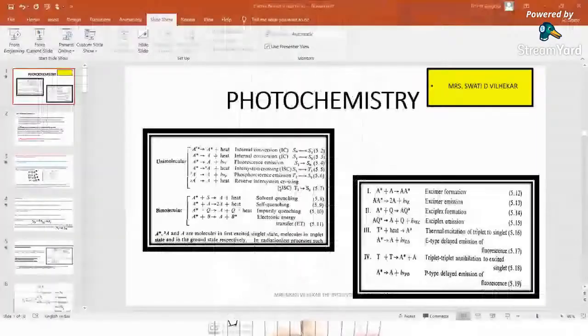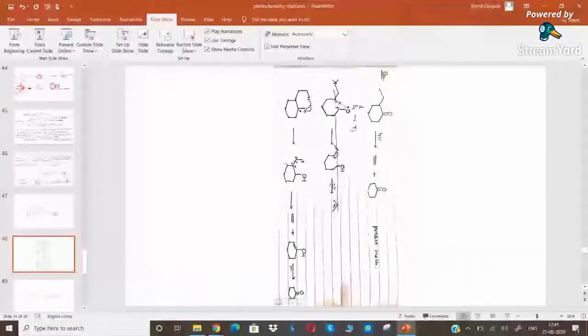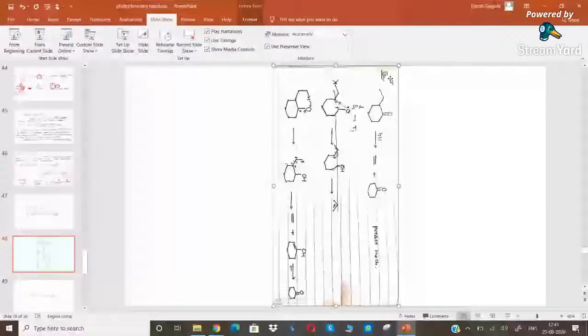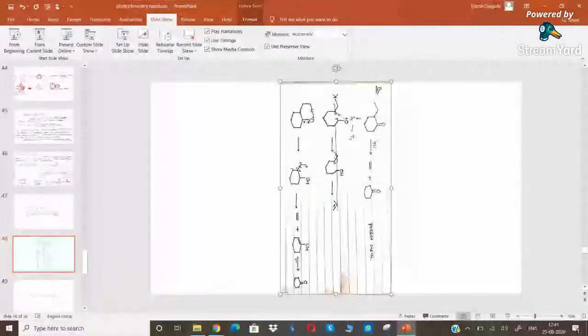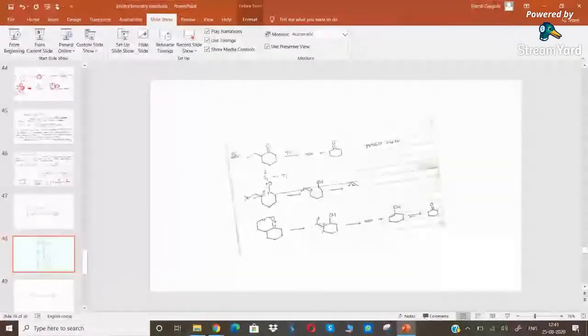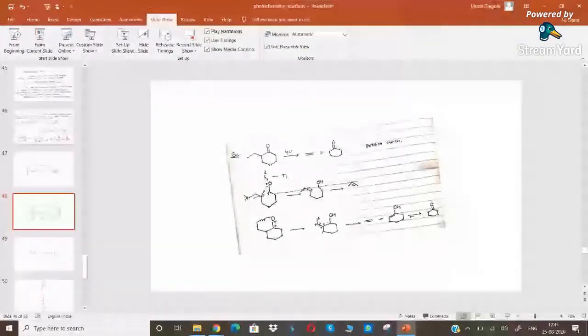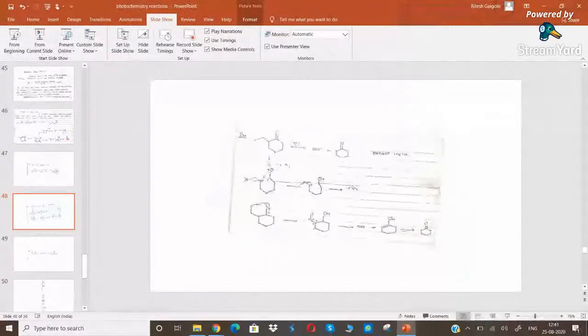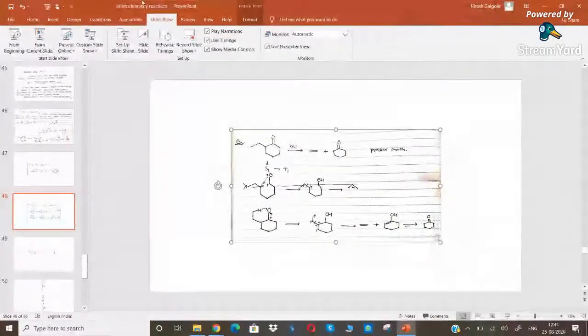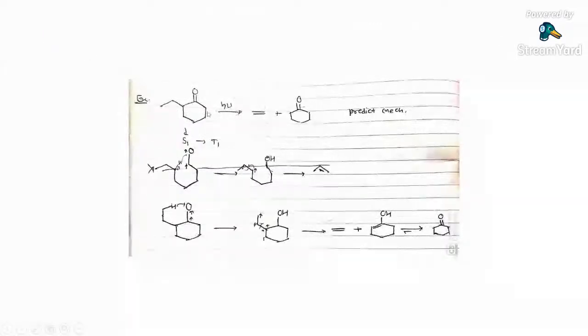Then different reactions are given there. Then this is the reaction which has been given.